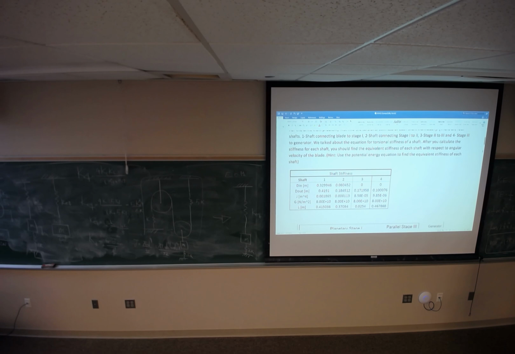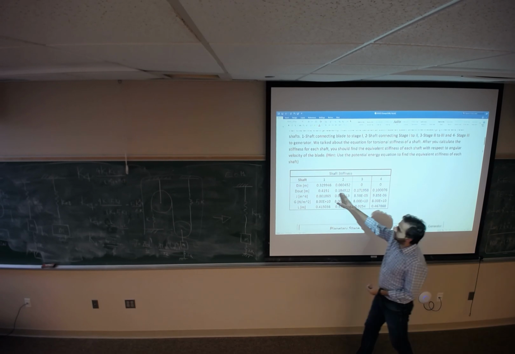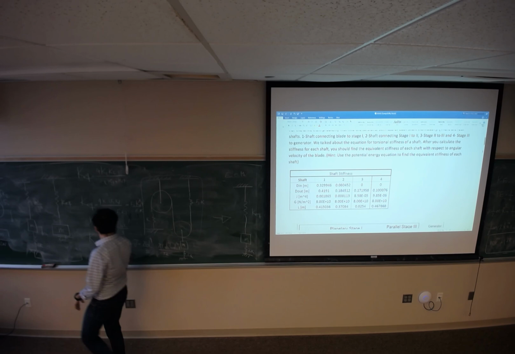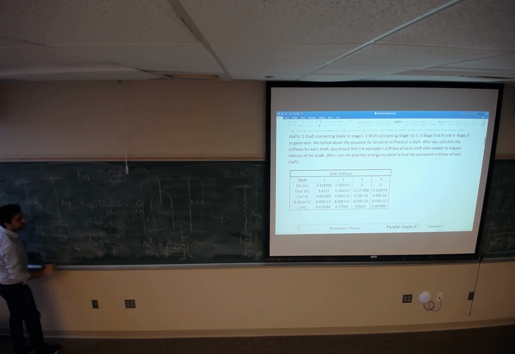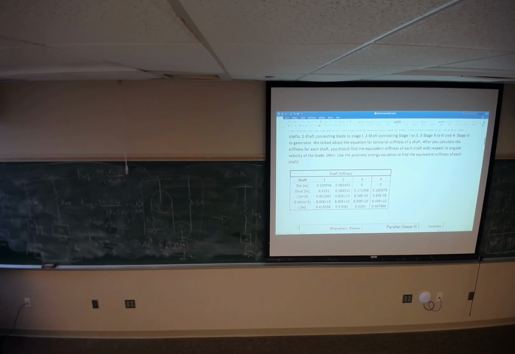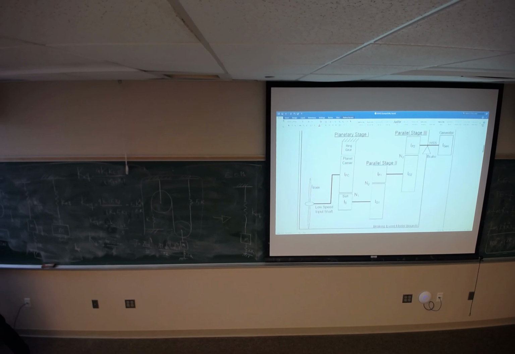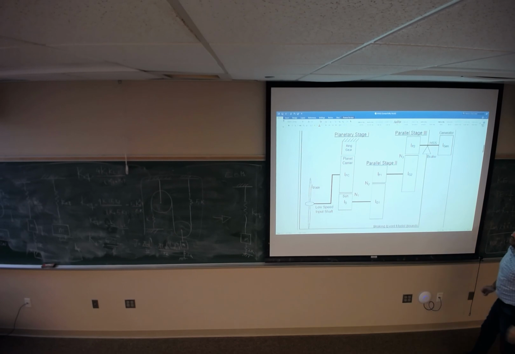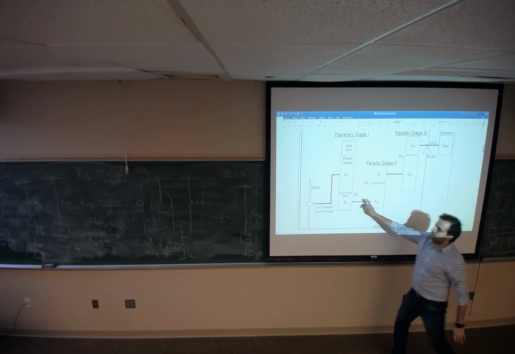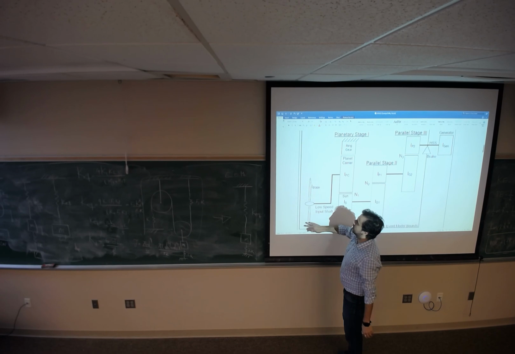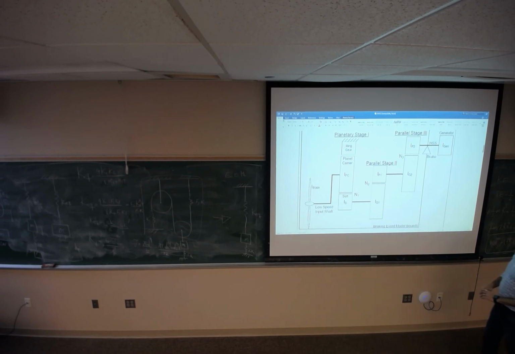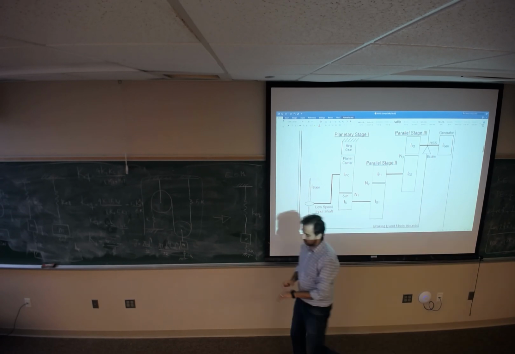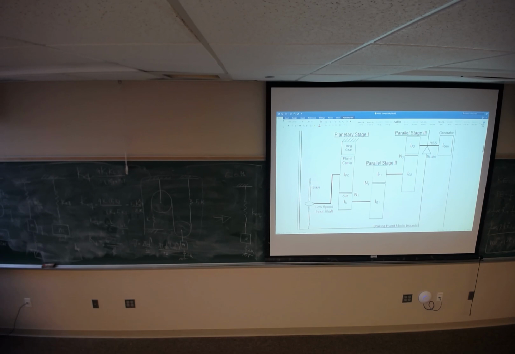L is given, so you can find first KT for each shaft, and then since each shaft is rotating at different speed, you need to find the equivalent value. You have done this for the polar moment of inertia. You are going to do the same thing for the stiffness and find the equivalent stiffness for each shaft. Good?